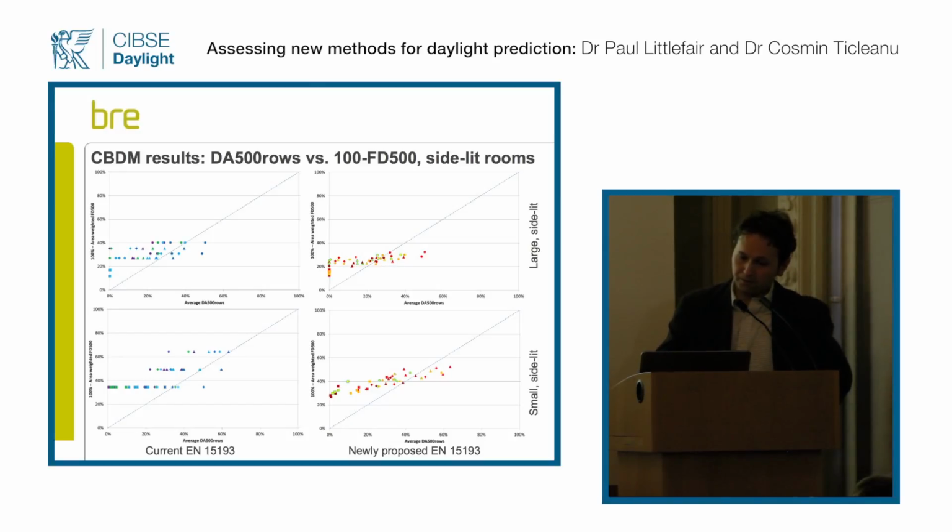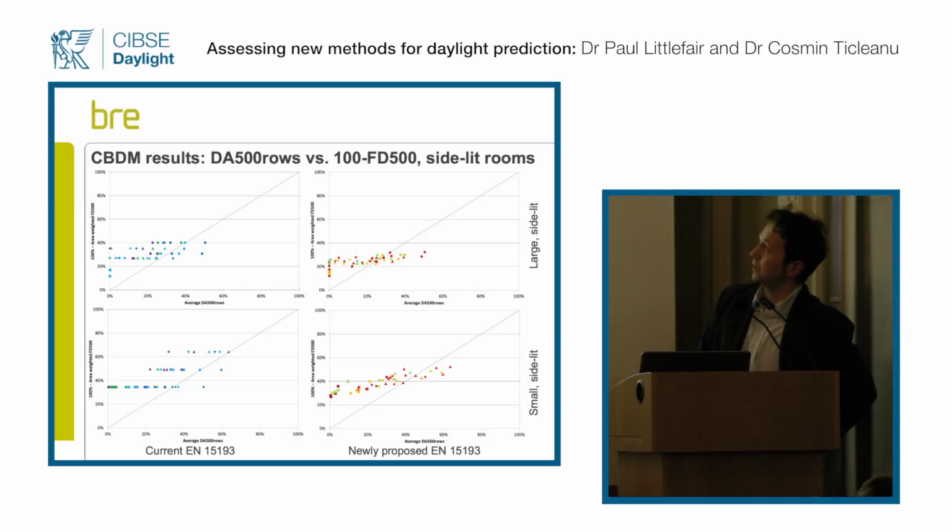We considered it being more realistic to look at DA 500 rows values. And using this principle, it was interesting to note that the situation changes a bit in that the daylight availability predicted by the EN method is higher.